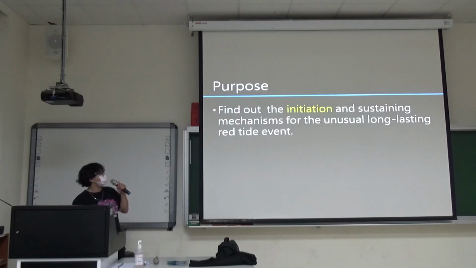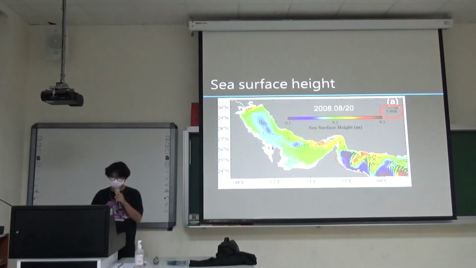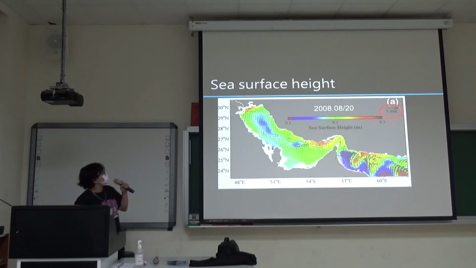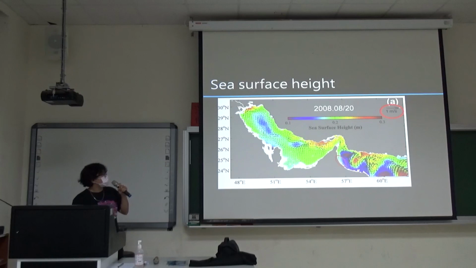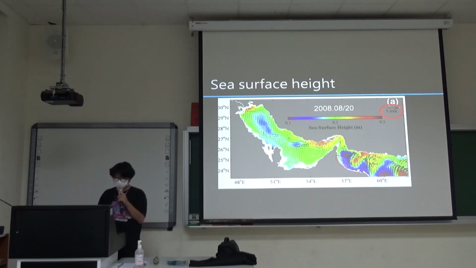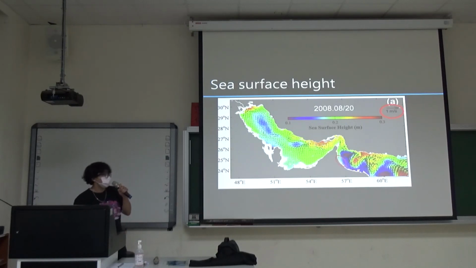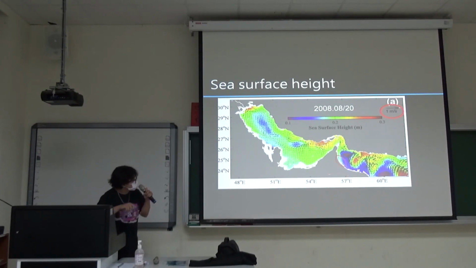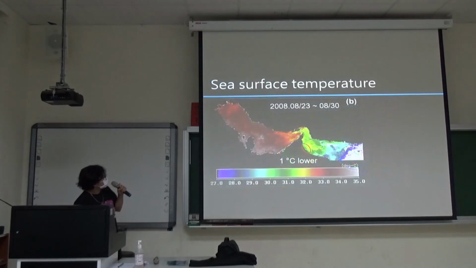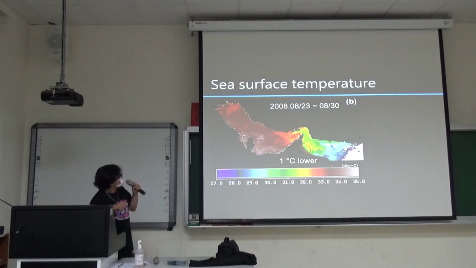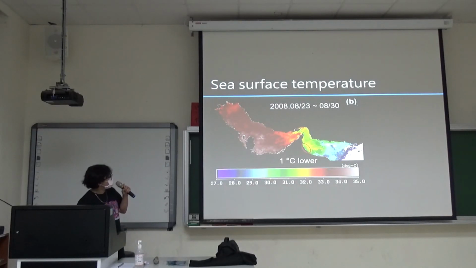For the initiation, we can take a look at this picture. This image is taken in August 2008, and the color bar shows the sea surface height. The arrow means the water flowing velocity and its direction. We can see the water here is flowing offshore. Next, this is a picture of sea surface temperature.